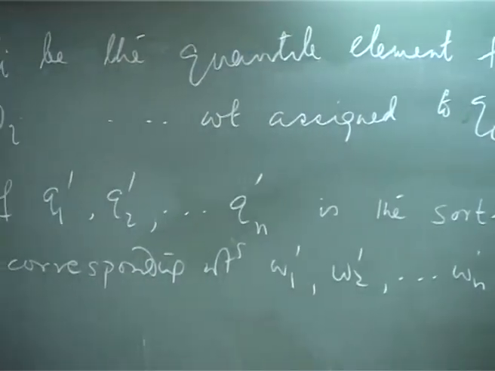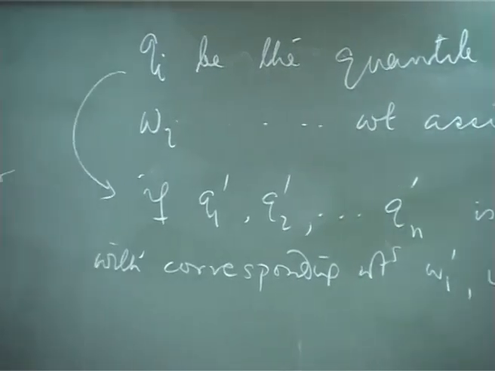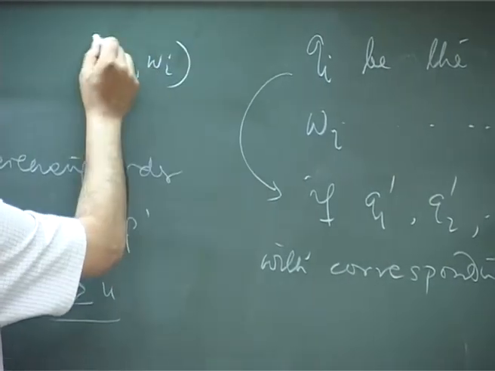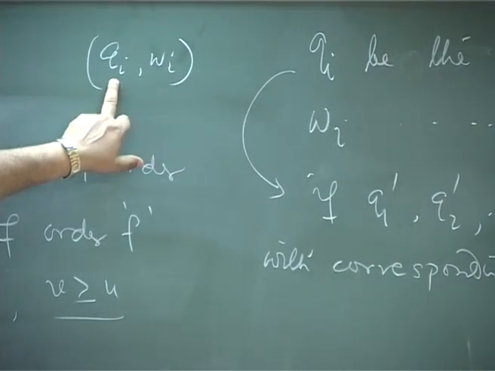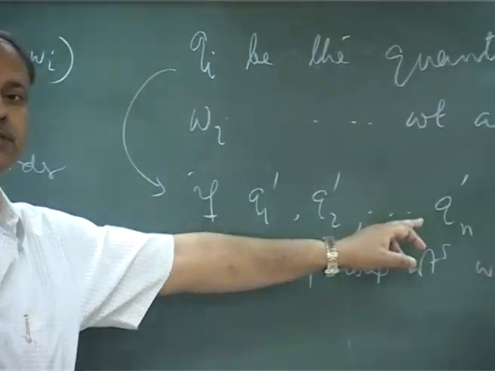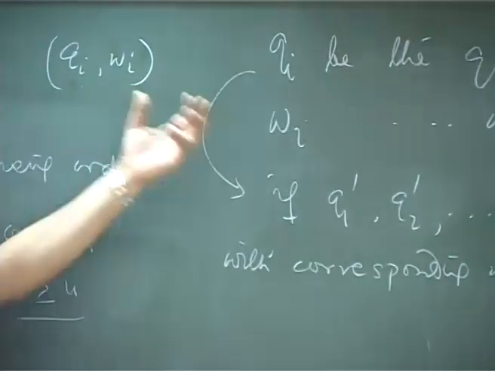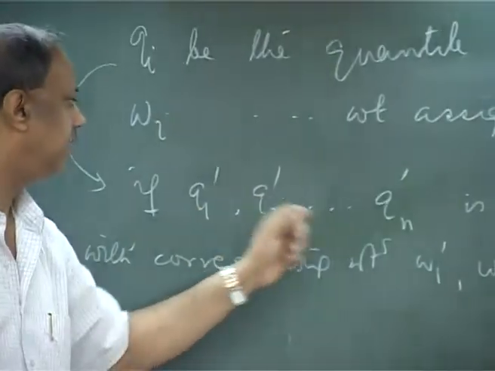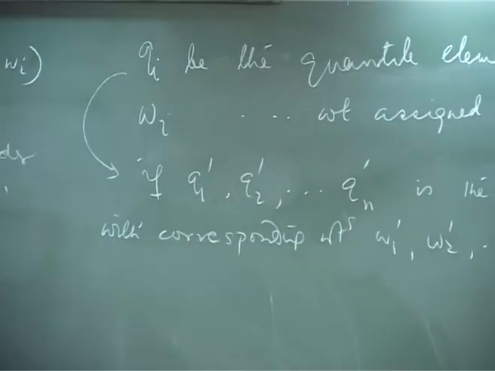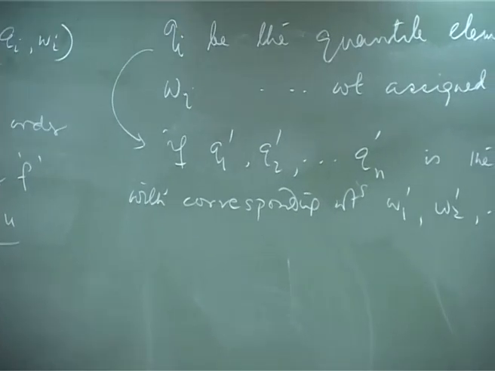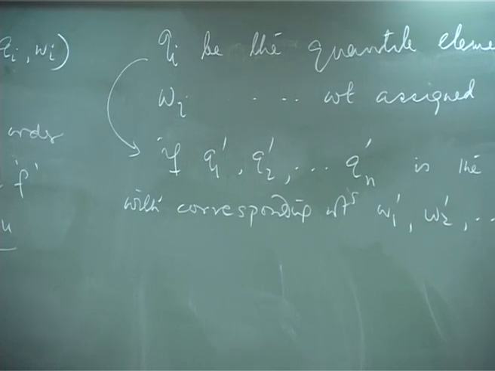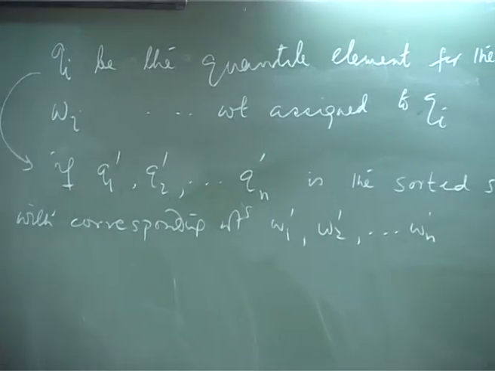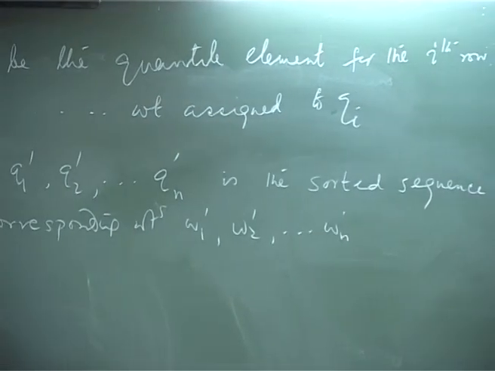What I am telling is that I have sorted, so it is a two-tuple, you have Qi, Wi. Now you are sorting them with respect to Q. So you will be getting Q1 dash, Q2 dash, Qn dash, and correspondingly weight also will be moved, W1 dash, W2 dash, Wn dash. Agreed? Is it clear? I have just sorted Q. While I have sorted Q, W is also attached to Q, so W also will change its position. Nothing else.